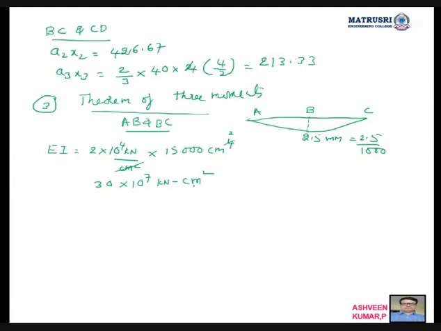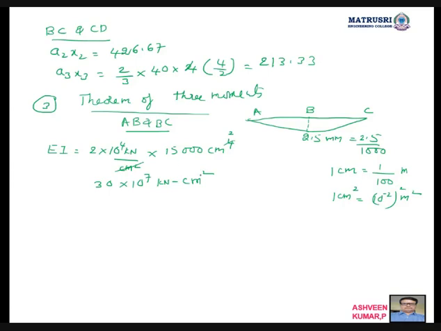So 1 centimeter is equal to 1 by 100 meter, because 1 meter is equal to 100 centimeter. So 1 centimeter square is 10 power minus 2 whole square meter square, that is 10 to the power of minus 4.